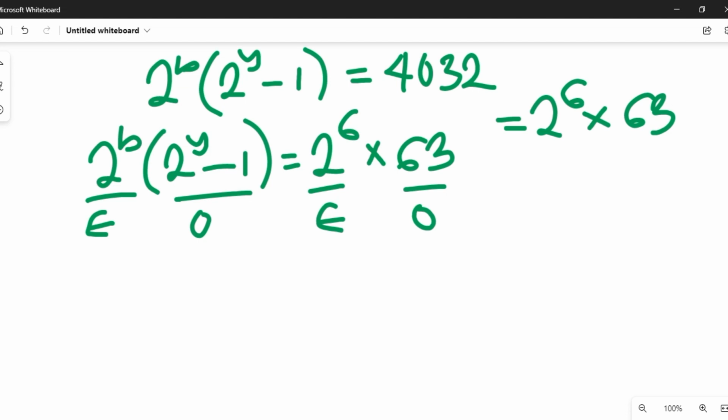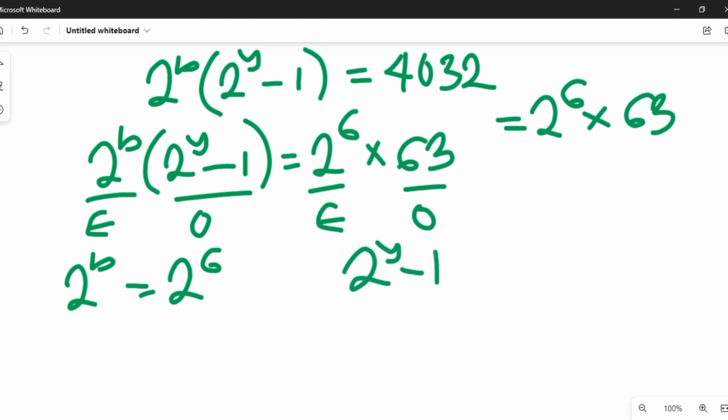We equate the even to the even and the odd to the odd. So we'll have 2 raised to power b to be equal to 2 raised to power 6, and then on the other hand, 2 raised to power y minus 1 to be equal to 63.